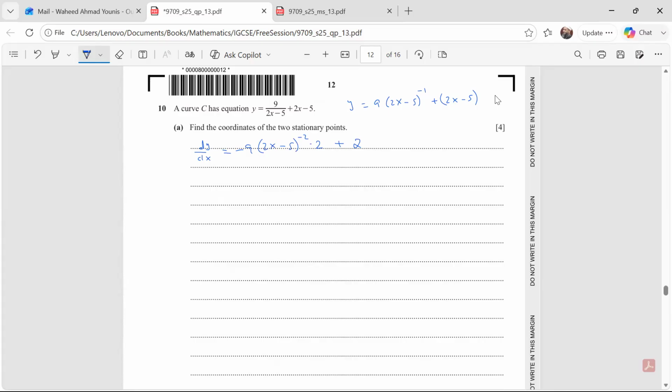So I can simplify it a little bit. It is going to be 2, write this one first, and minus 18 over (2x minus 5) power 2.